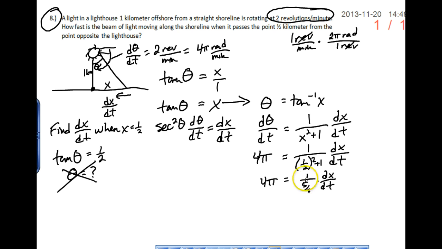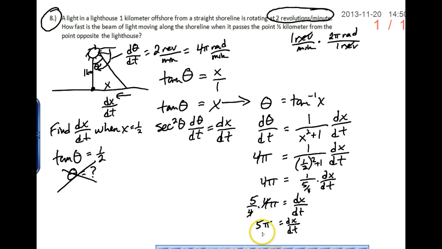So now, I'm dividing by 1 over 5/4, which is the same as multiplying by 5/4. So 5/4 times 4 pi equals dx/dt. And so if I reduce, I get 5 pi. dx/dt is 5 pi.